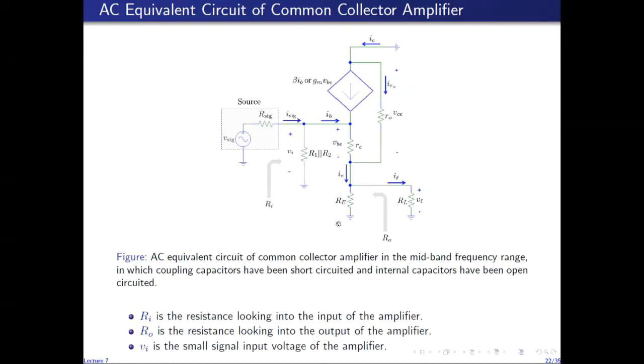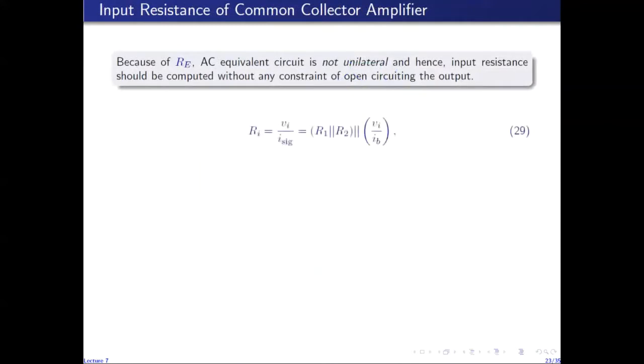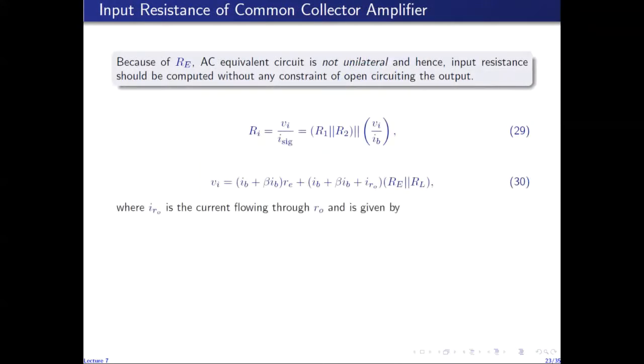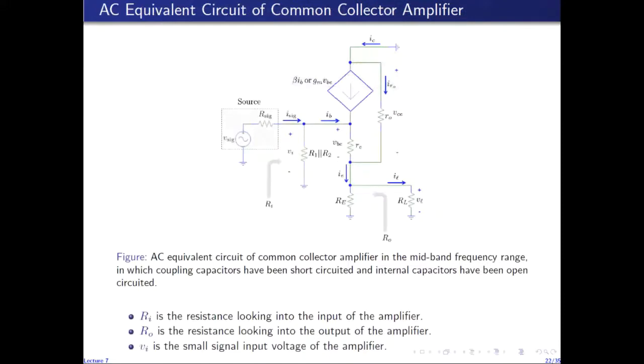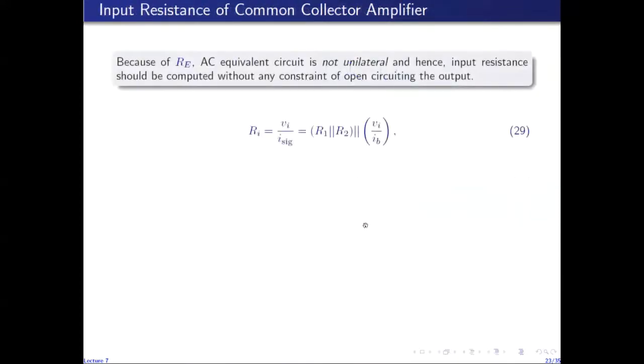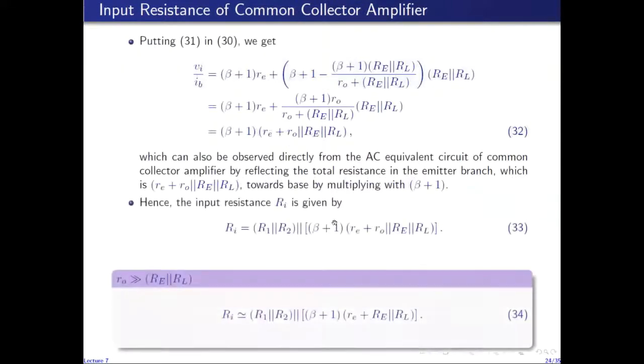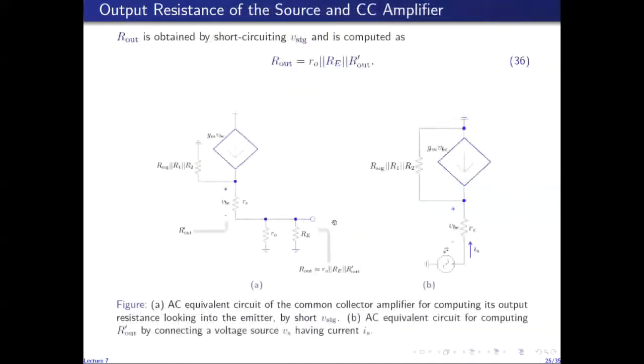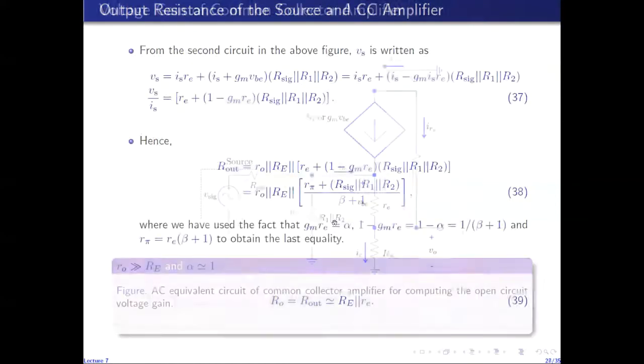Following the philosophy of the shortcut method I used to find VL in the case of common base amplifiers, I can directly find VL from the expression of V naught I just computed. If I combine RL with RE and replace the two with a single equivalent resistance, RE in parallel with RL, then the circuit reduces to the circuit we just used to compute V naught.